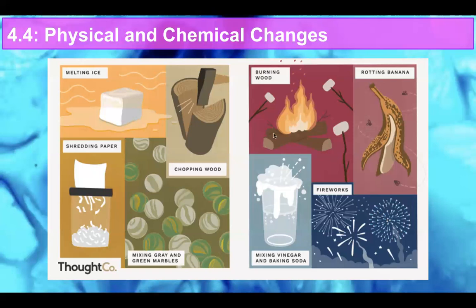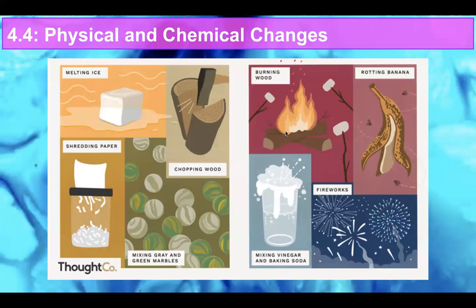Okay, what's happening? Bonds are breaking, bonds are being formed, but we are going from one thing and we are getting something new, okay? Something that we cannot necessarily get back immediately without manipulating those bonds once again, okay?